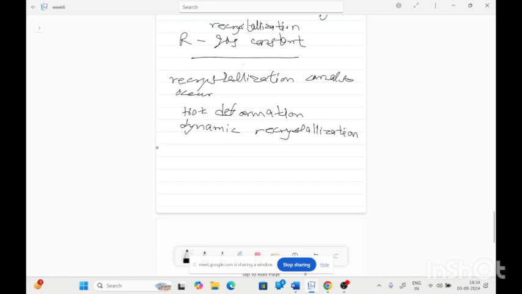In processing, we generally use high temperature to easily deform the material. So during the hot deformation, the recrystallization process also happens.